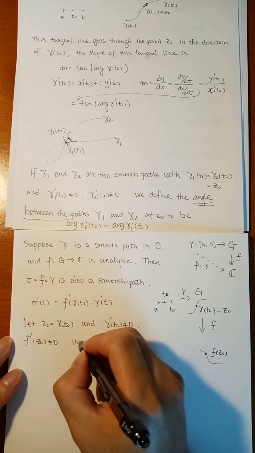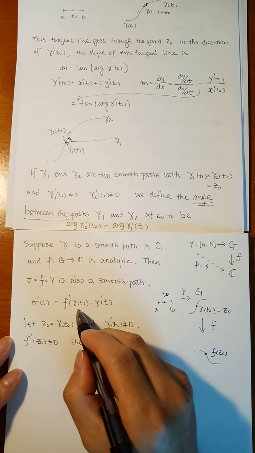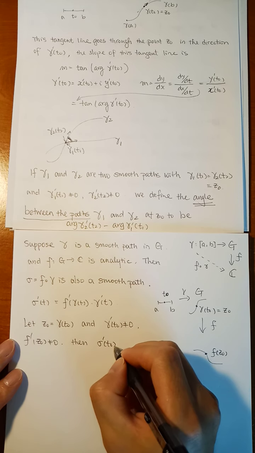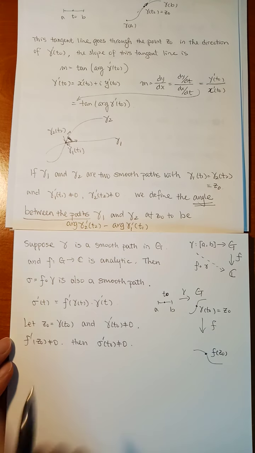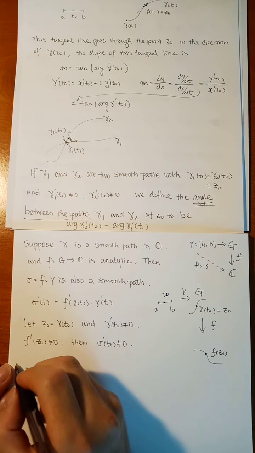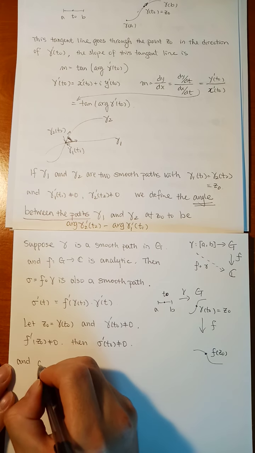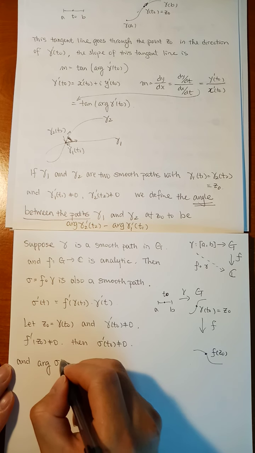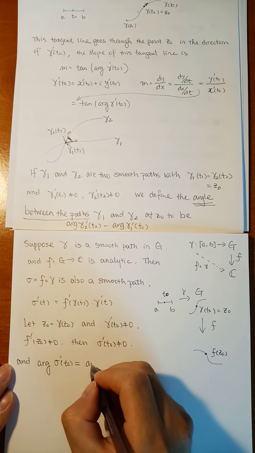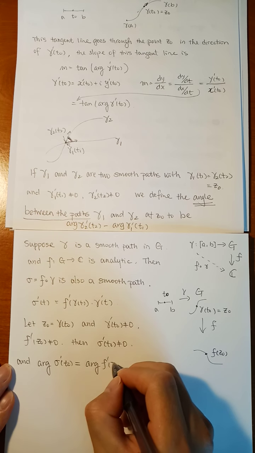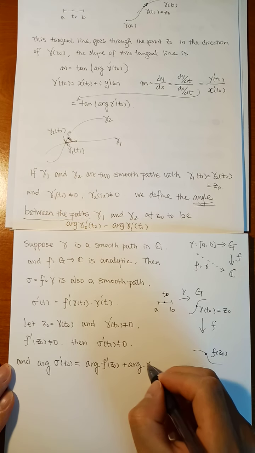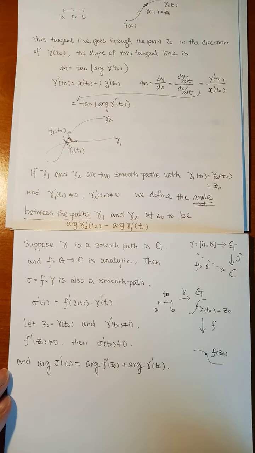Then it is a product, this one is not 0, this one is not 0. Then sigma prime of t0 is not equal to 0. You have three numbers, they are all non-zero. And the argument of sigma prime of t0 is equal to the argument of f prime of z0 plus the argument of gamma prime of t0.